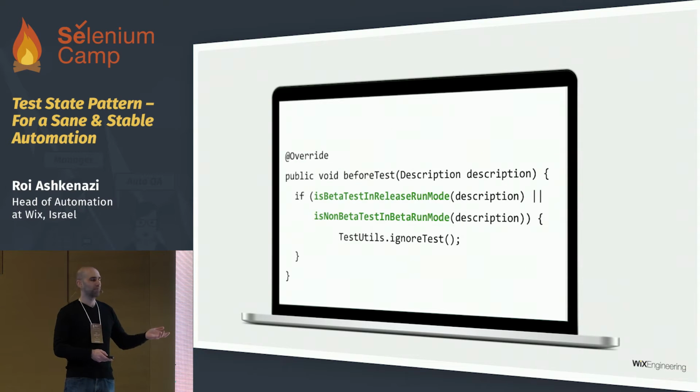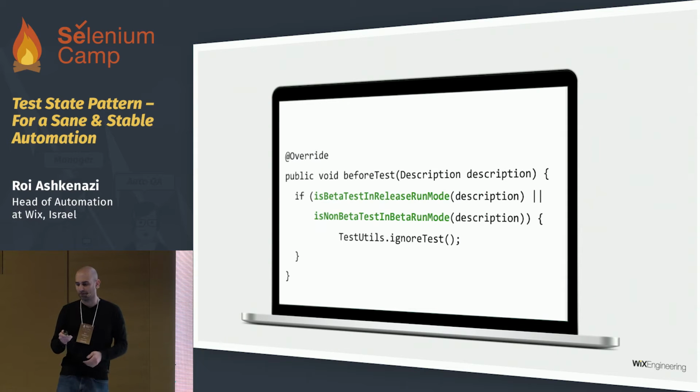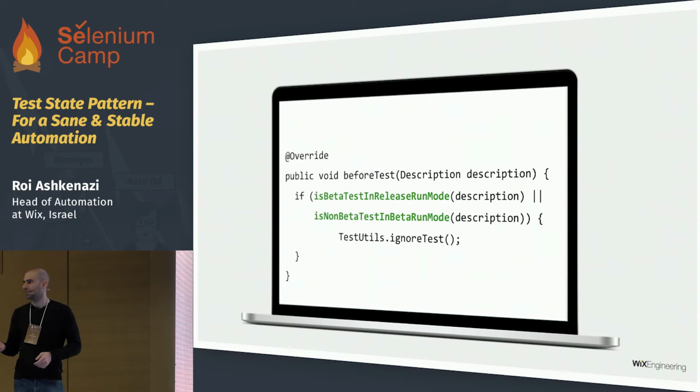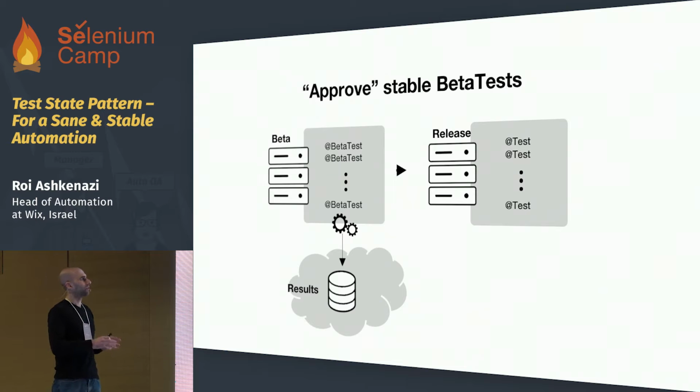A test starts running and then checks. If it's beta and we're now trying to run beta, it's OK. If not, we just ignore it in runtime. So this is quite simple. And we now have some kind of mechanism to understand how to run those two different groups.